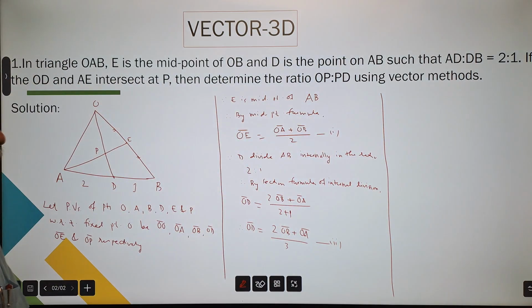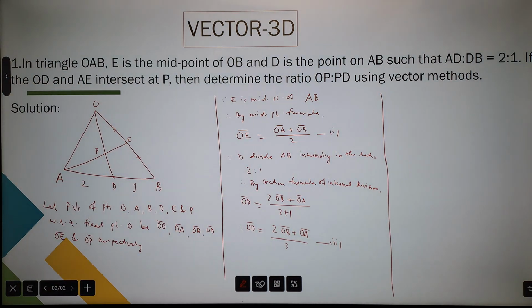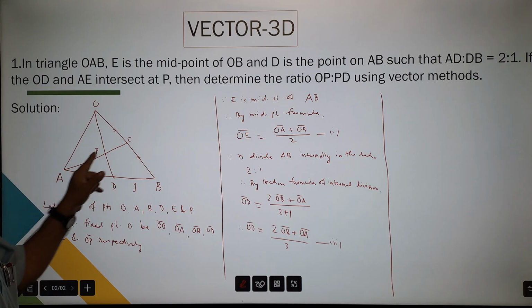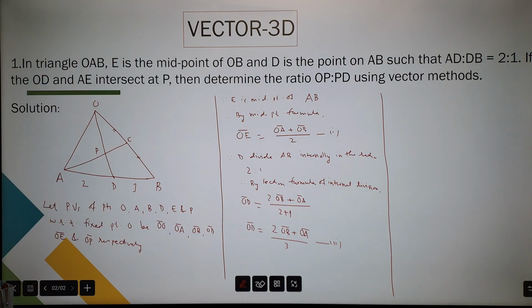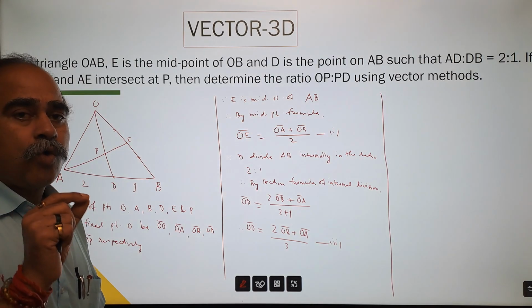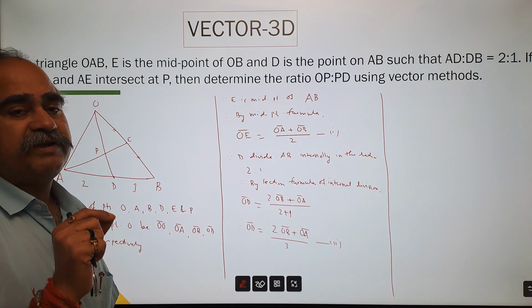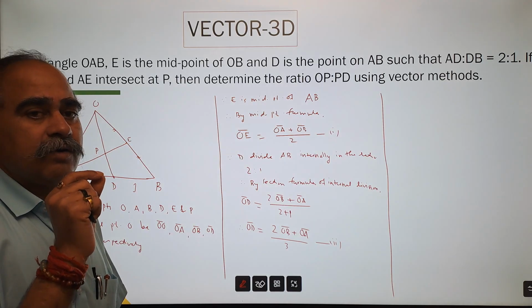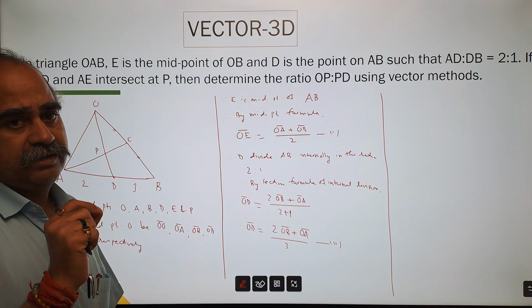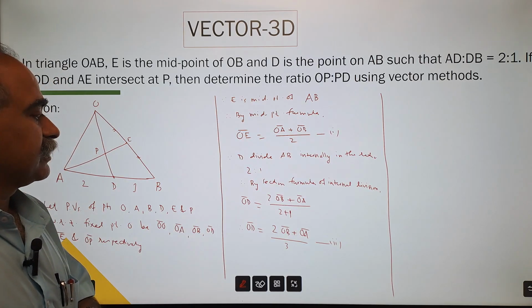Our aim is to find the position vector of point P. And P is the point of intersection of AE and OD. So we want A bar, E bar, O bar and D bar. That means we don't want B bar.